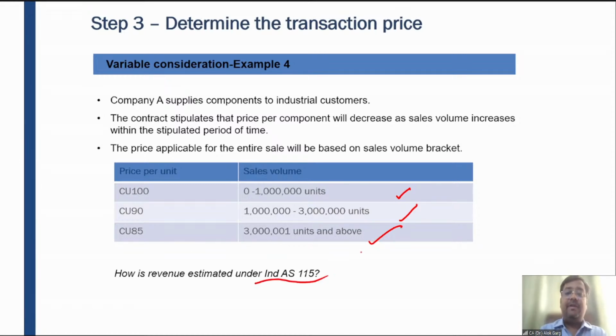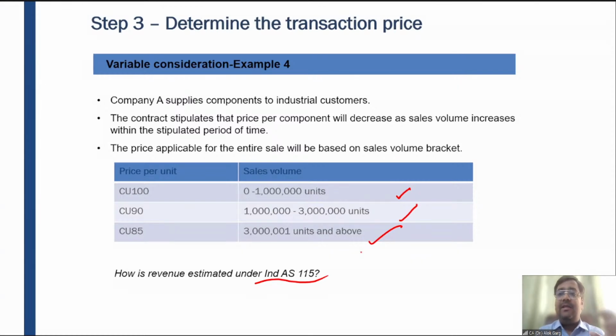How is revenue estimated under Ind AS 115? Friends, if it is up to 10 lakh units, the entire sale is recognized at 100 rupees per unit. If it is from 10 lakh to 30 lakh units, the entire sales has to be recognized at 90 rupees per unit. If it is more than 30 lakh units, the entire sales has to be recognized at 85 rupees per unit.